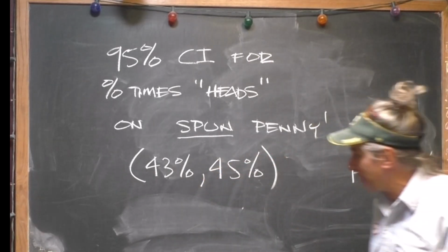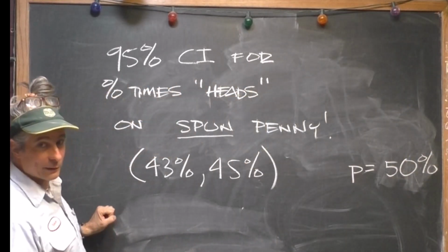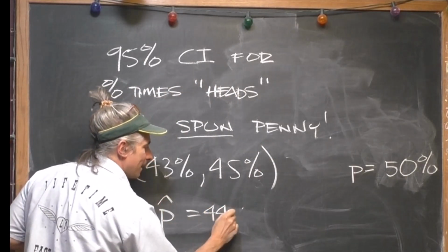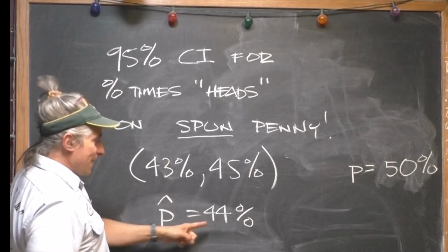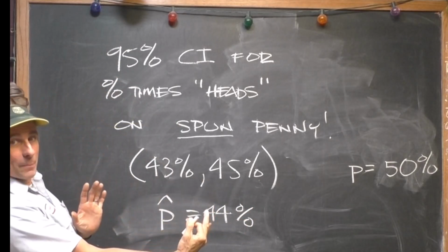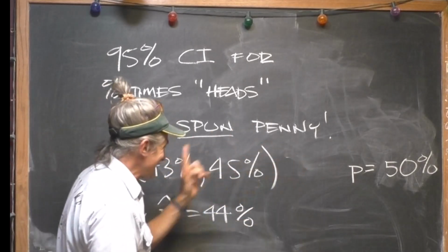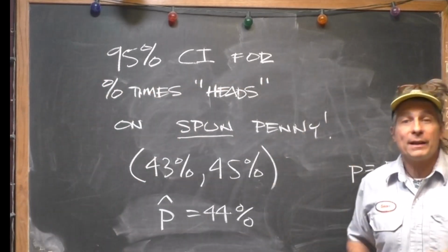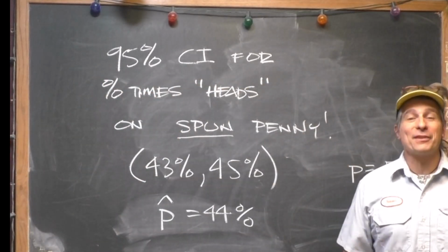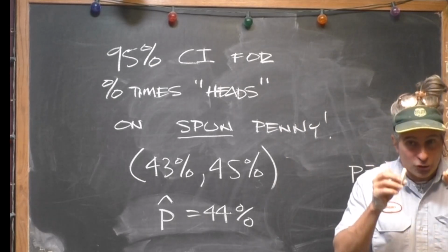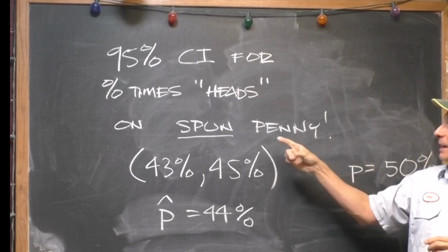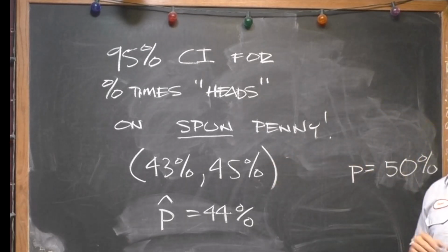If you remember, p hat for our very, very large sample was 44%. Even with the margin of error of just about 1%, 50% is still not in this range. Awesome. So at that point, you can feel 95% confident and say there is a statistically significant difference between spinning a penny and looking at heads and flipping a penny and looking at heads.